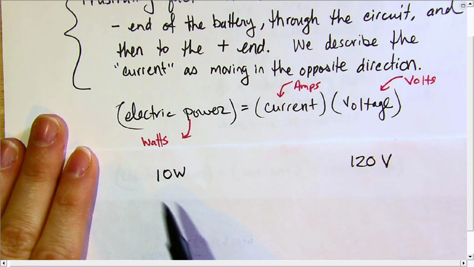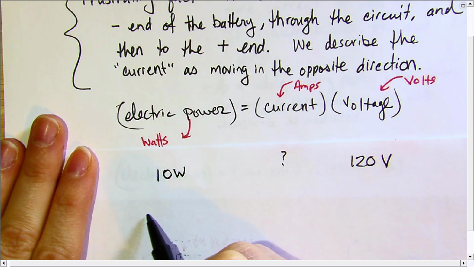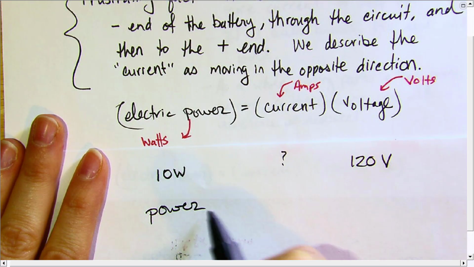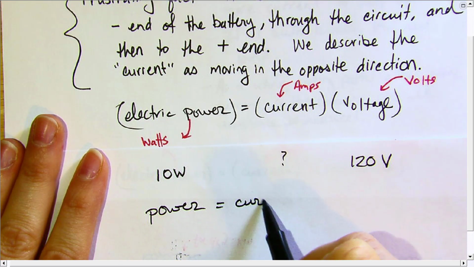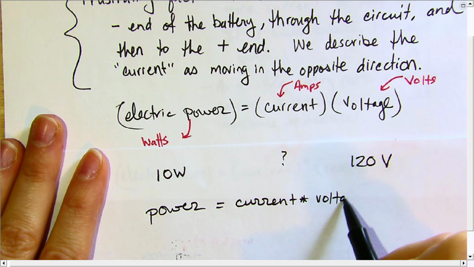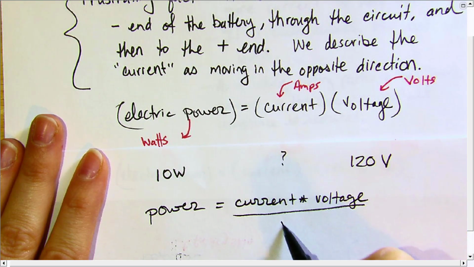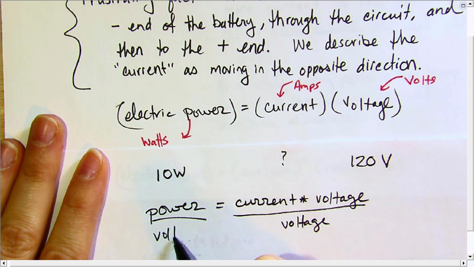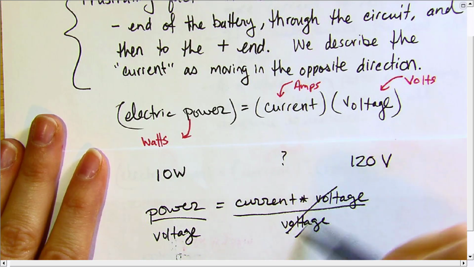So let me just rearrange that real quick. Divide both sides by voltage. These cancel out.